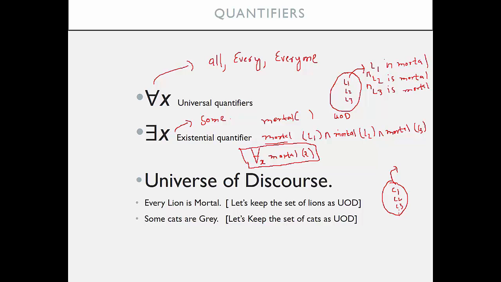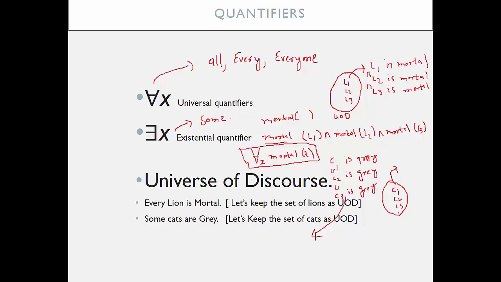So we could represent it like this: C1 is gray, or C2 is gray, or C3 is gray. Let me write it here.